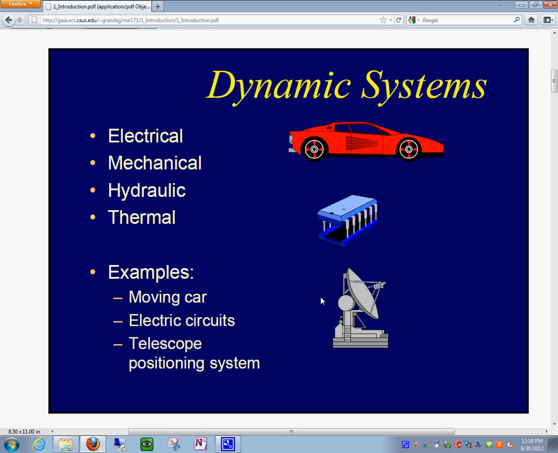You have a basic transformation, you may say, of a hydraulic system, of an electrical system into a mechanical system. That's what's happening when you start the engine and the engine begins turning. You transform electrical power into mechanical power.